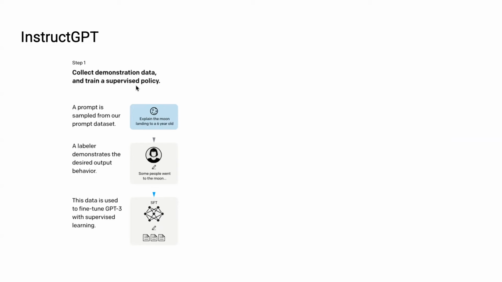That's why step 1 is to collect the demonstration data. First they need to create lots of prompts, where each prompt corresponds to a task, for example, explain the moon landing to a 6 year old. I will show next where these prompts are created. Then the labelers demonstrate the desired output.